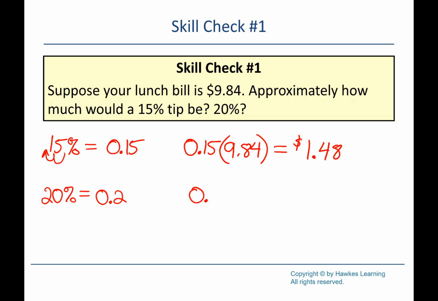So 0.2 times 9.84. See what we get there. If we round to 2 decimal places, that's $1.97. So we can get really close without having to break out a calculator on that one.